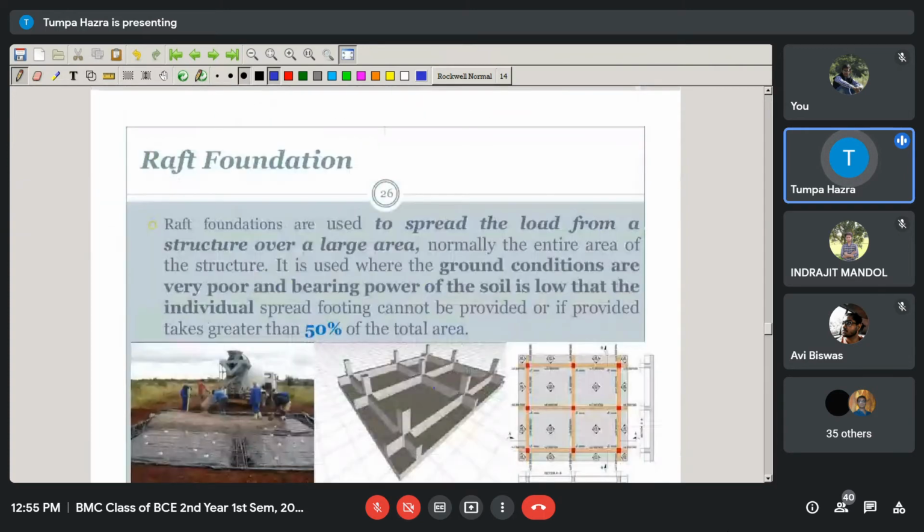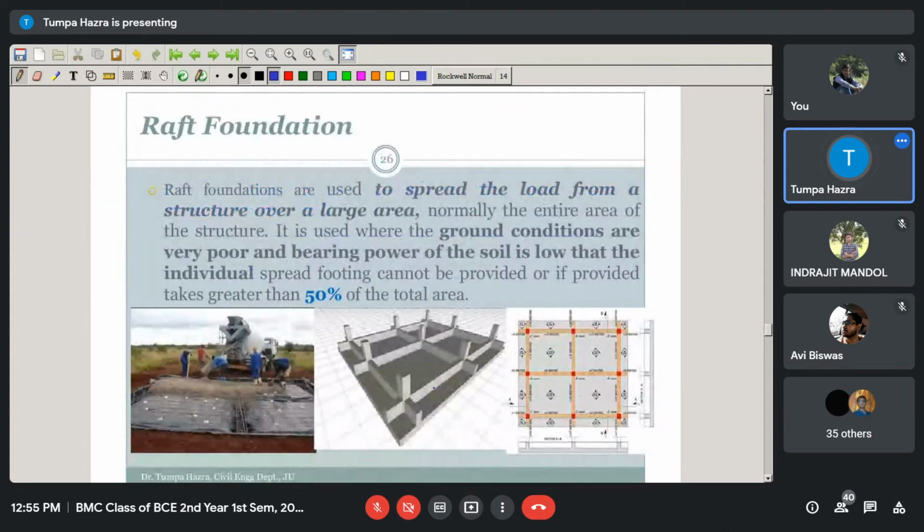Then finally, the wrapped foundation. This is also known as spread foundation. Isolated footing is for transferring the load of a single column. Combined footing is to transfer the load of multiple columns, generally two to three columns.